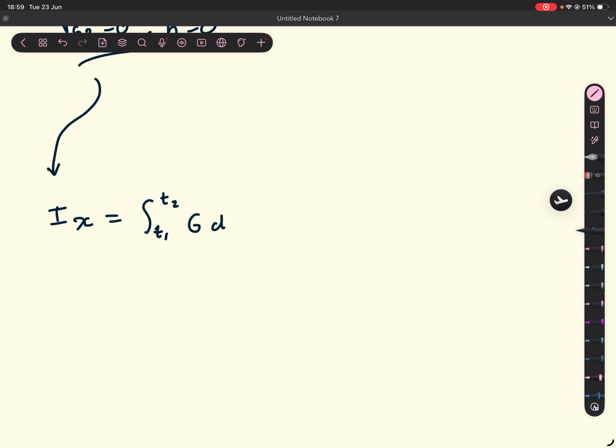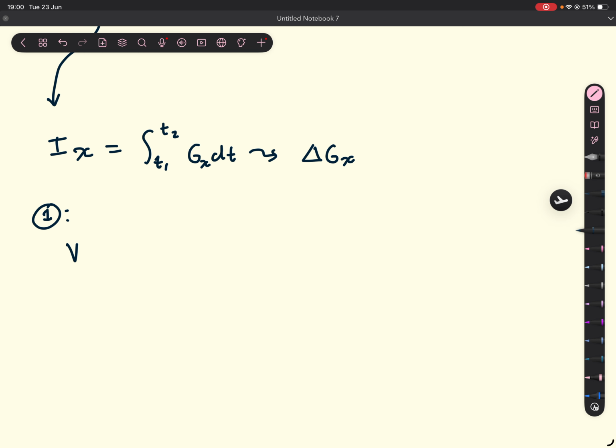So at state 1, we start with Vx equal to 0, so then Gx will be 0, right? Because remember, Gx will just be the sum of mi vi in the x direction, right? But everything is stationary, so this will be 0.